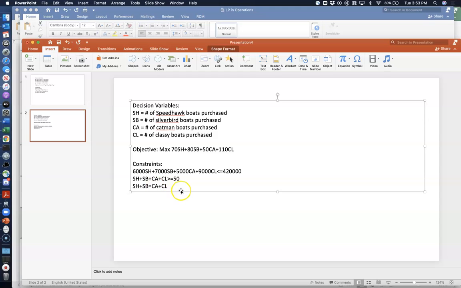Right. Now, of course, I'm going to rewrite this constraint. So I like all my decision variables on the left-hand side: SH plus SB minus CA minus CL equal to 0, right? CA and CL, just move them to the other side of the equation and you get that constraint.